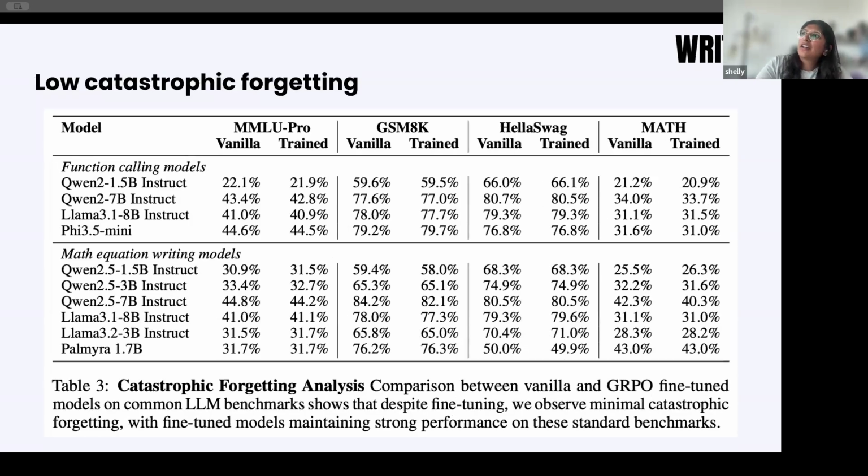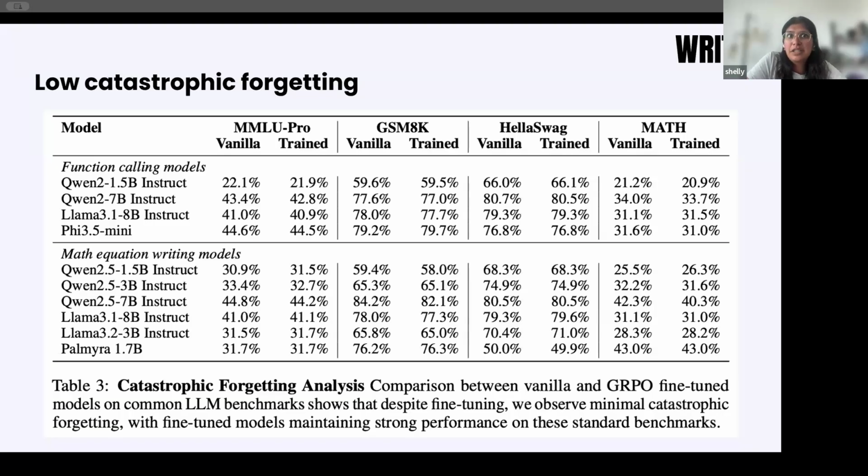So another thing we wanted to look at, as a side effect or a desirable property, was catastrophic forgetting, and investigating how much we saw. And we luckily saw very little. This is a lot of numbers, and I'm not going to walk through them too much, but at a high level, we were seeing that there was not much of a performance drop, particularly a statistically significant one, across a wide variety of tasks, even though you're doing this approach to fine-tuning.